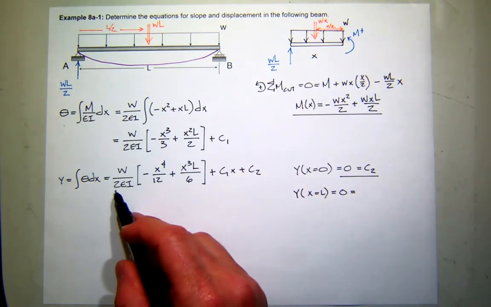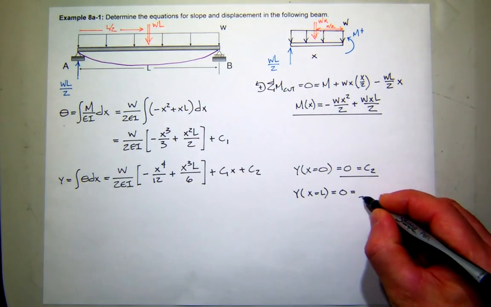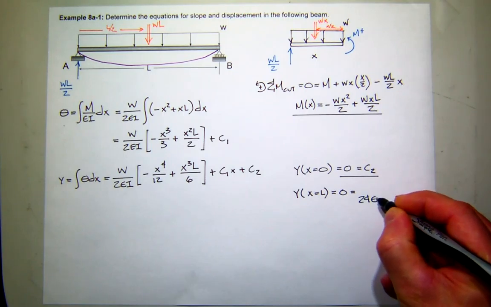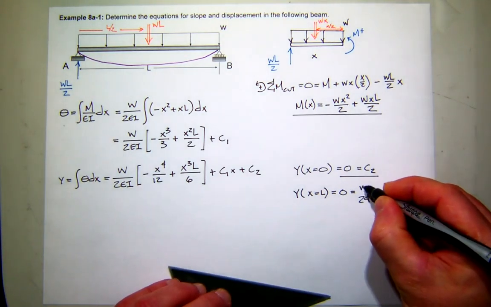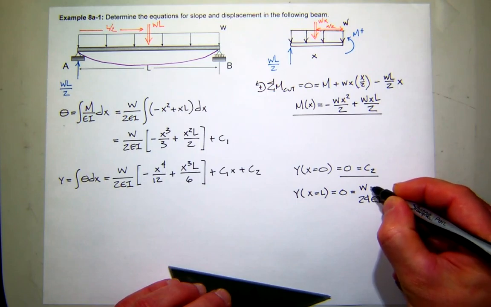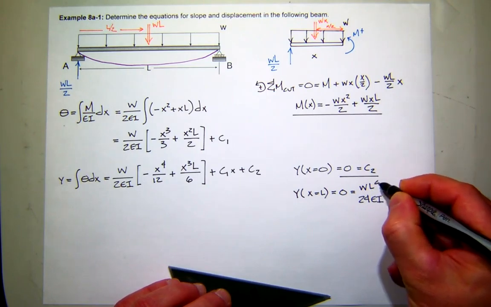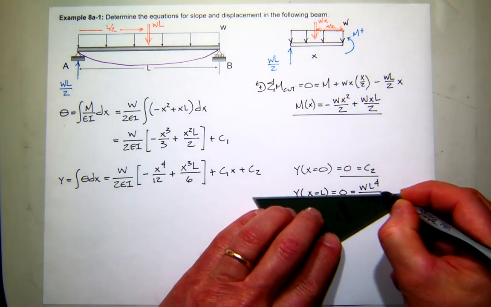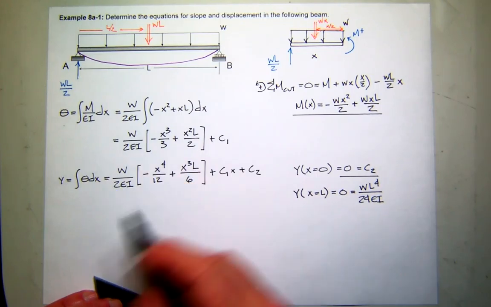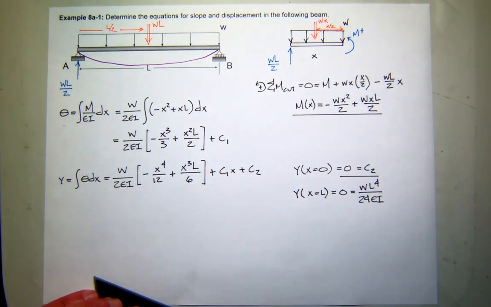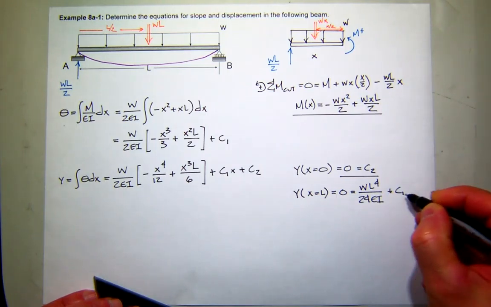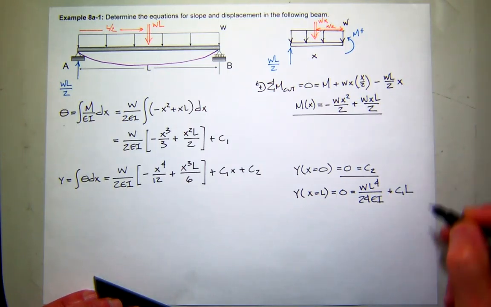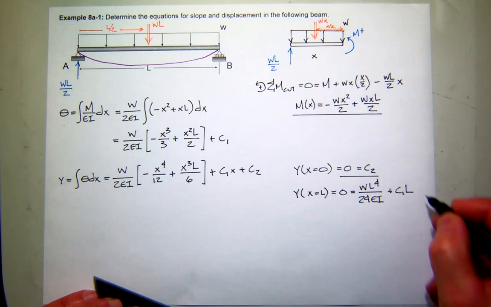And that 12 comes out and hits this 2. It looks like I get 24 over EI in my denominator, and then W over L to the 4th in the numerator. Does that look right? Is that what that term is? You guys buying that? And then I've got plus C1 times x, and x is L, and that has to be 0.